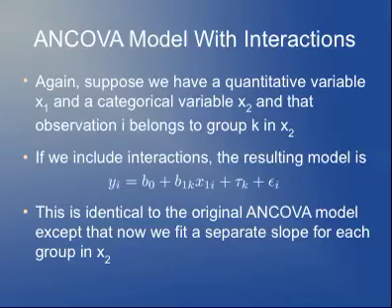Note that rather than just saying B1, it's B1 sub k times x1 plus tau k. Basically what that's saying is that depending on which group you're in with respect to the categorical variable, in the tooth growth example, depending on whether you're in the ascorbic acid or the orange juice group, the slope is different. So you're just fitting a different slope for each group in x2.